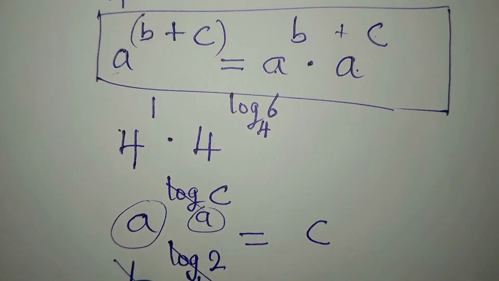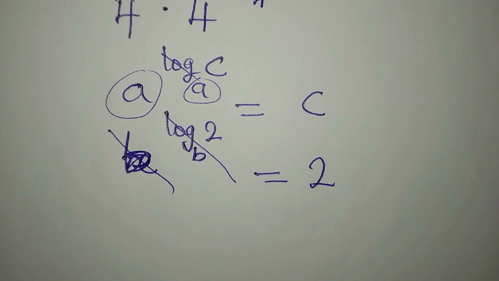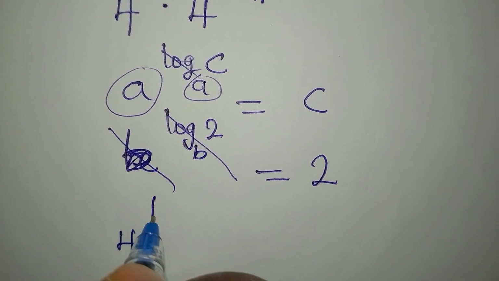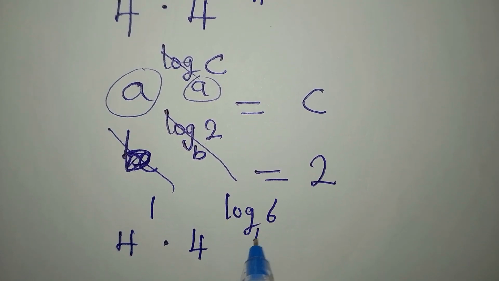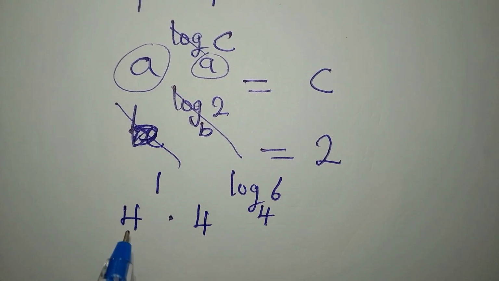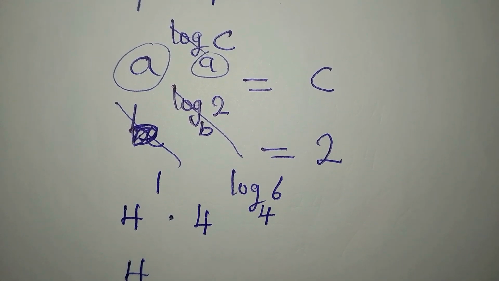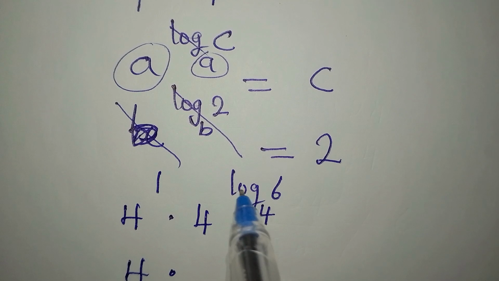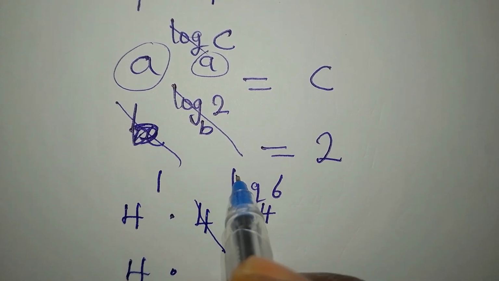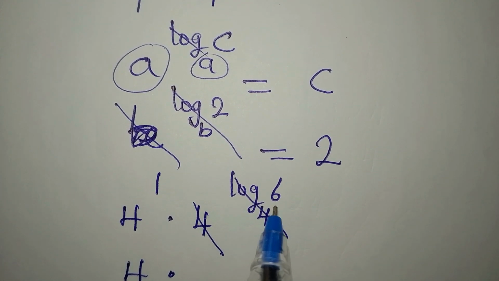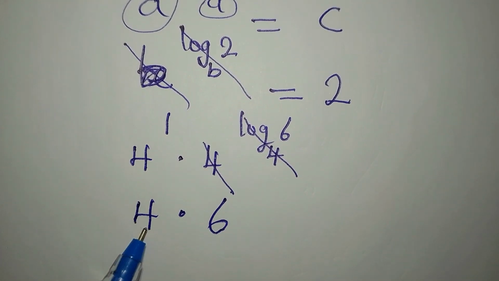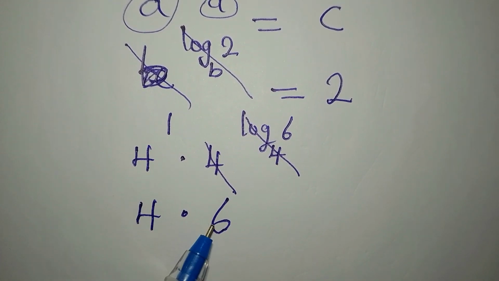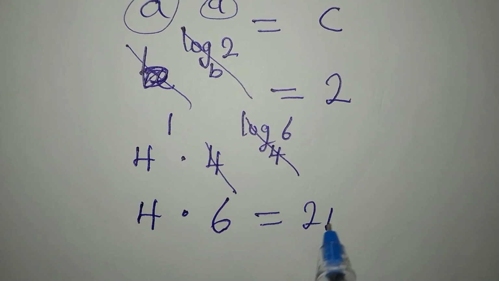Okay, now let's go back to what we had. We got 4 to the power of 1 multiplied by 4 to the power of log 6 to base 4. Now 4 to the power of 1 is 4. We have 4 here. Then multiply by this 4 and log to base 4 will go. So what will be left here is 6. And remember, this is a symbol for multiplication. So 4 times 6 will give us 24.